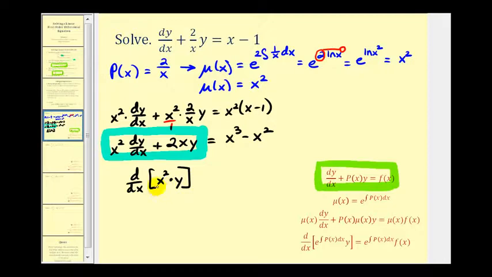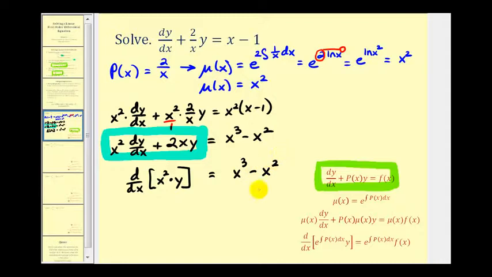We'd have the first function, x squared, times the derivative of y with respect to x, which is dy dx, plus the second function, which is y, times the derivative of x squared, which would be 2x. So that's true. And since this is equal to the derivative here, the derivative must also be equal to the right side, so we can set this equal to x cubed minus x squared.